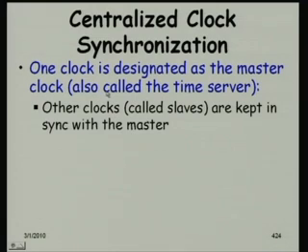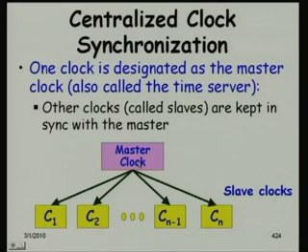So, here one of the clocks is designated as the master clock, also called the timekeeper or time server, and the other clocks are slave clocks, and they keep in sync with the master. So, this is the master clock, and it keeps on broadcasting the time values, and the slave clocks keep on setting their time according to the master clock.